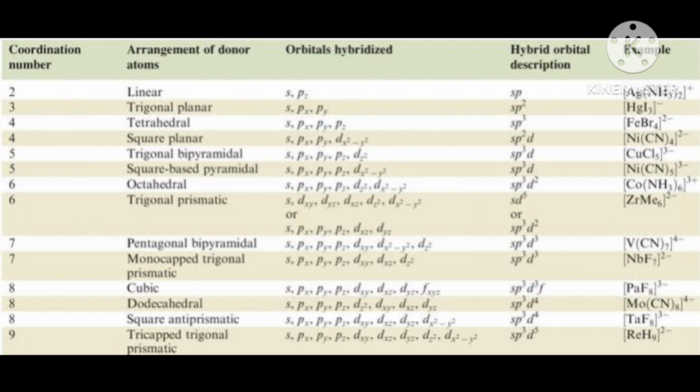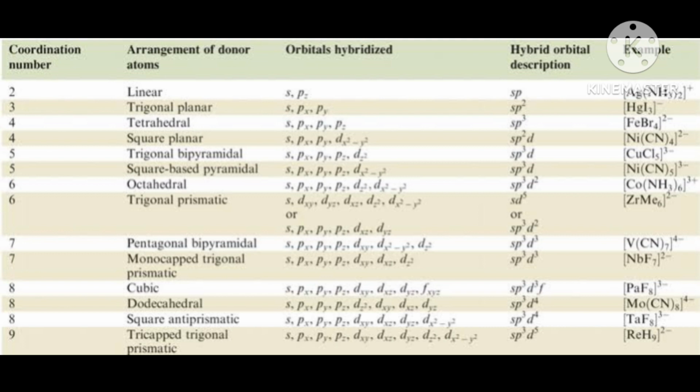But here 5 electrons are unpaired, so dsp2 is not possible, because all 5 orbitals have unpaired electrons, one electron singly. Hence it is only tetrahedral, sp3.